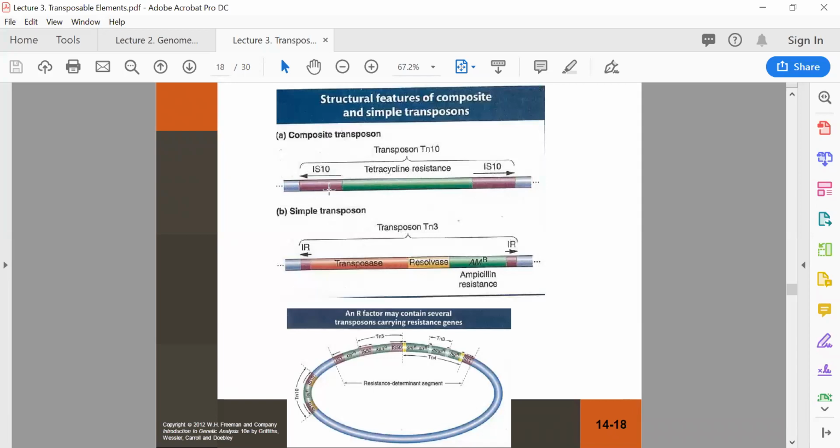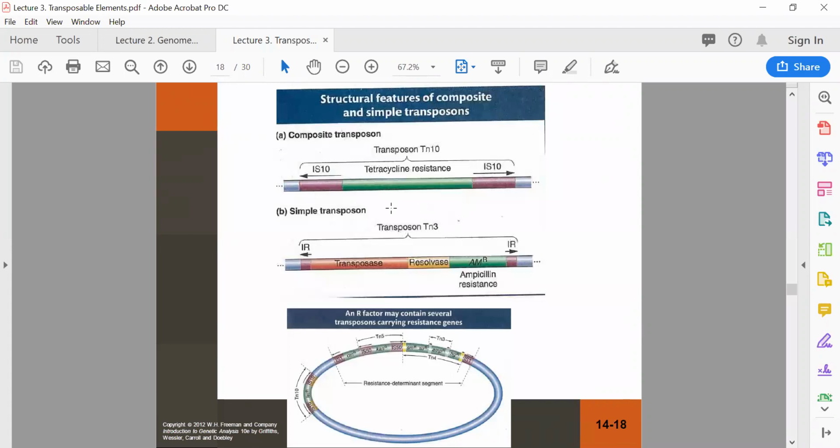Each of these IS10 regions in this transposon carries a transposase gene, but usually only one is functional. The IS10 elements, as indicated by the arrows, are oriented in reverse directions. That is, these represent the inverted repeats, which are very typical of these transposons.